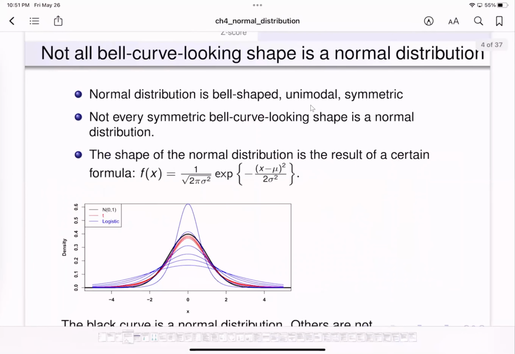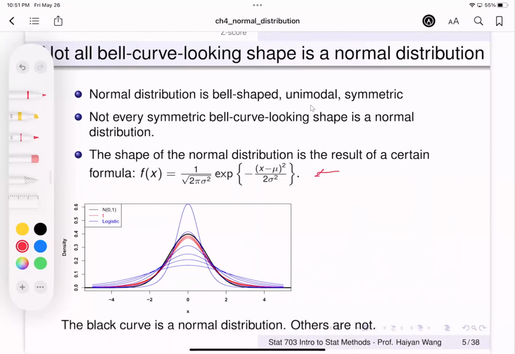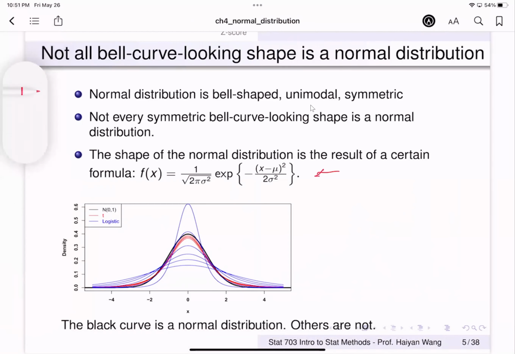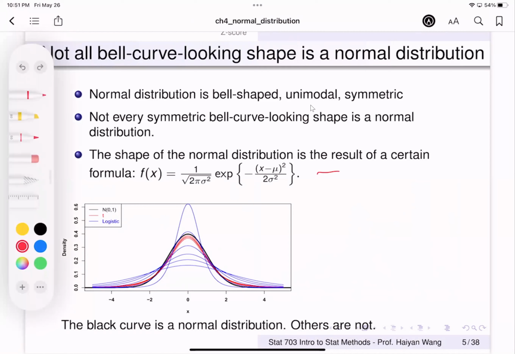Just like I mentioned, not all of the bell-shaped distributions are normal. Here are some examples that are not normal distributions. In fact, for the normal distribution, the probability density function has to be given by the formula shown here. What is important inside this formula is the part (x minus mu) squared.